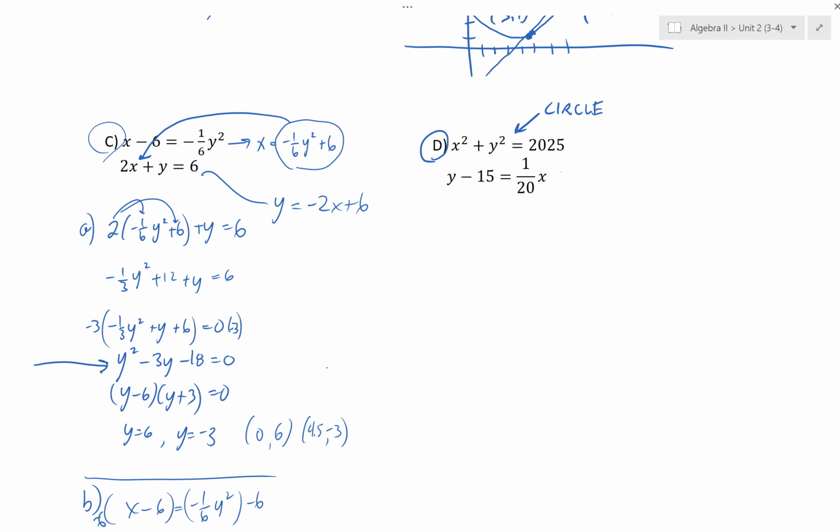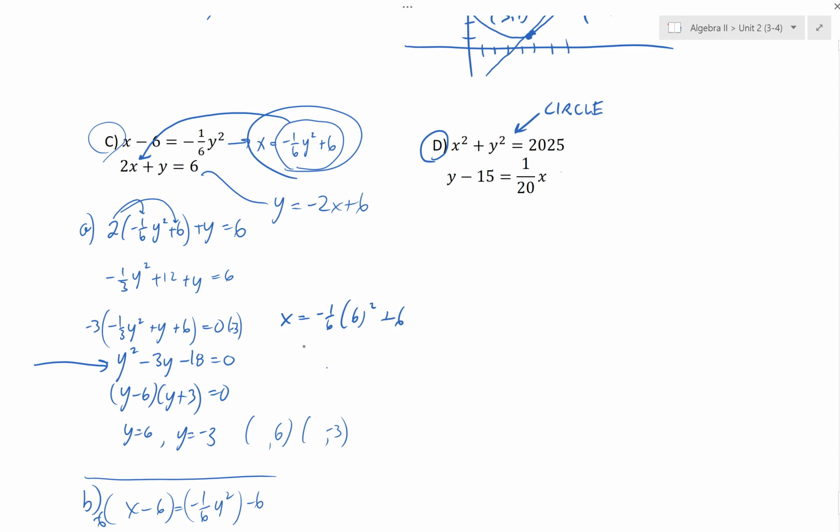And then when I solved that, I got y equals 6, y equals negative 3. And then to find x, we want to take those and plug them back into the original, right here. It says x equals negative 1/6 of y squared plus 6.